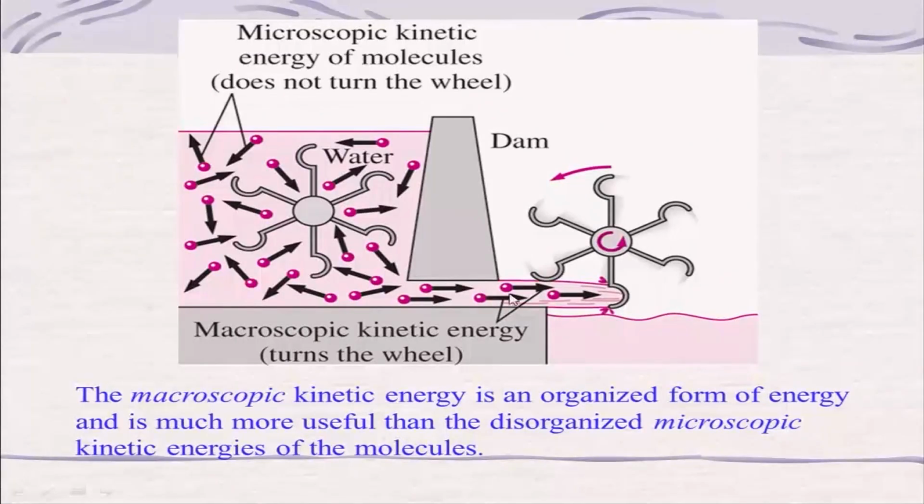The water comes with very high velocity because it has potential energy due to height, and this is converted into very high kinetic energy. When it impinges on the vanes of the turbine, the wheel rotates, you load it, and you get mechanical energy which we can use for power generation and everything.